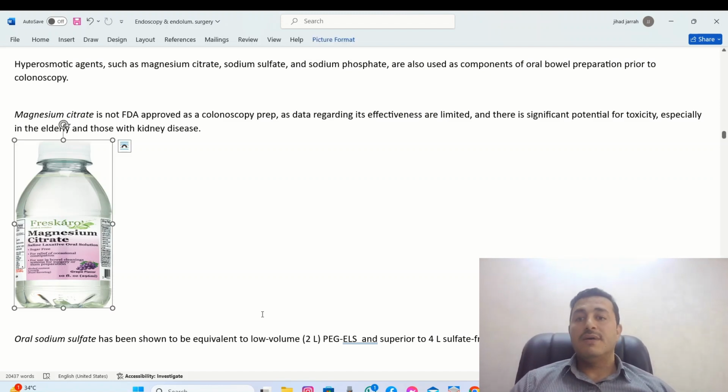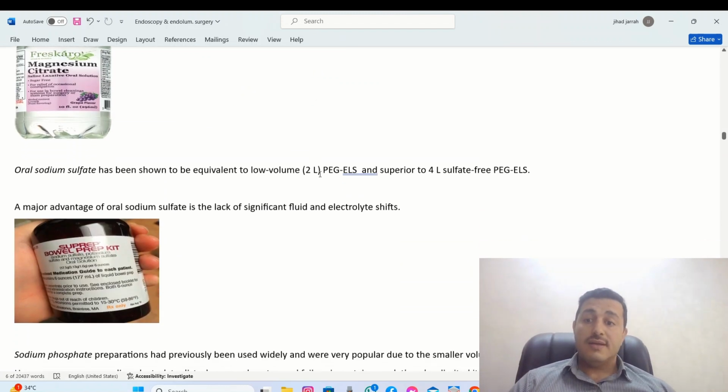This is the magnesium citrate, not FDA approved, and unfortunately toxicity, especially in elderly and those with kidney disease.